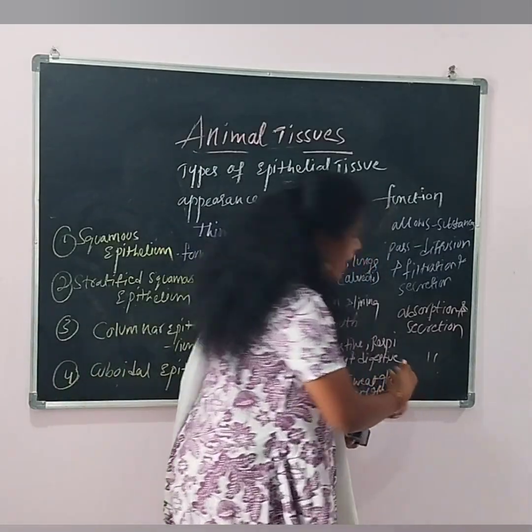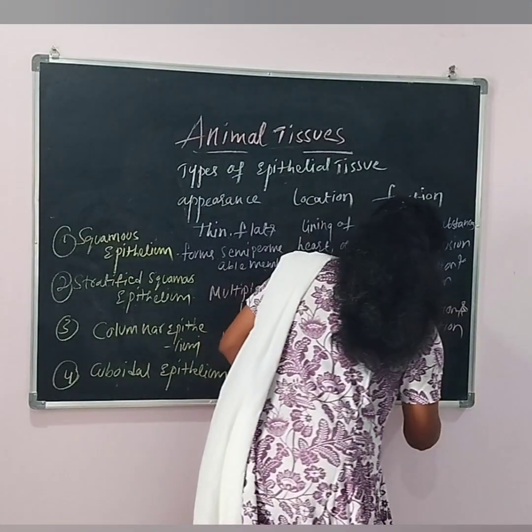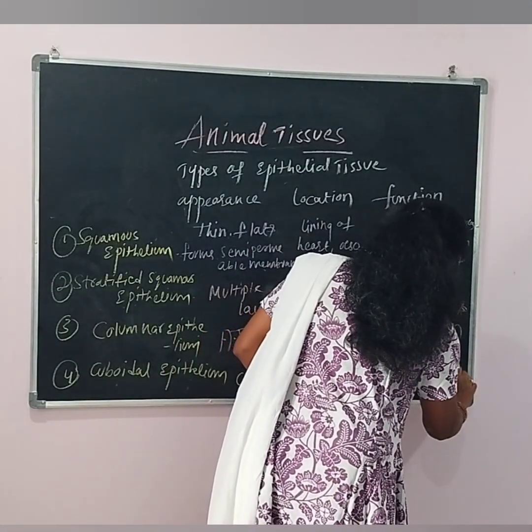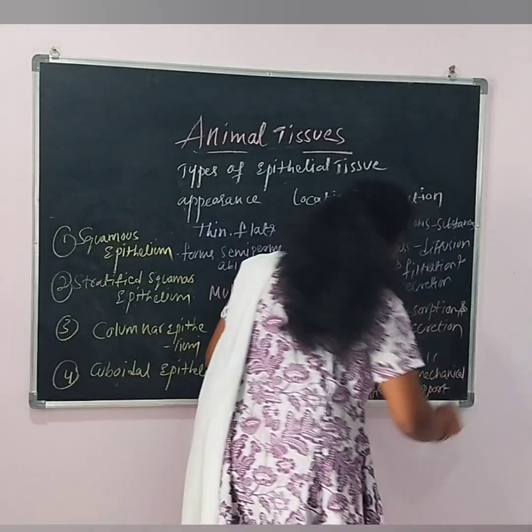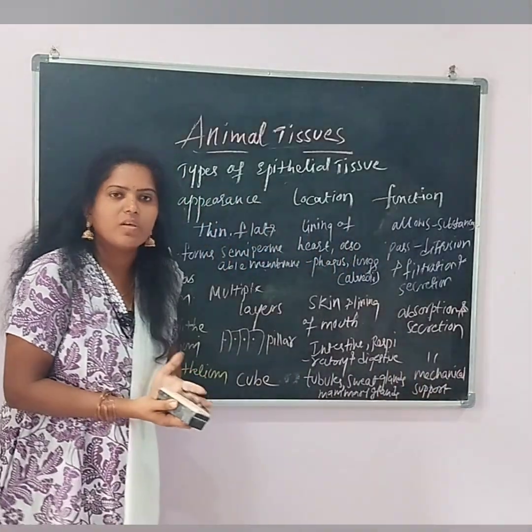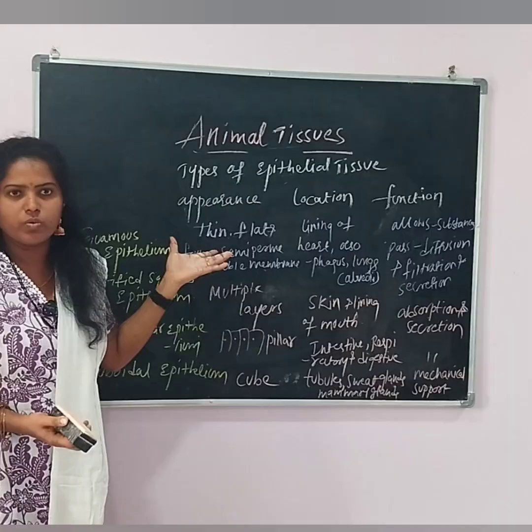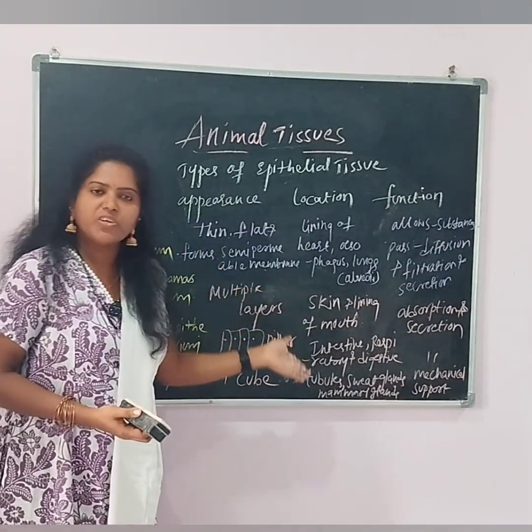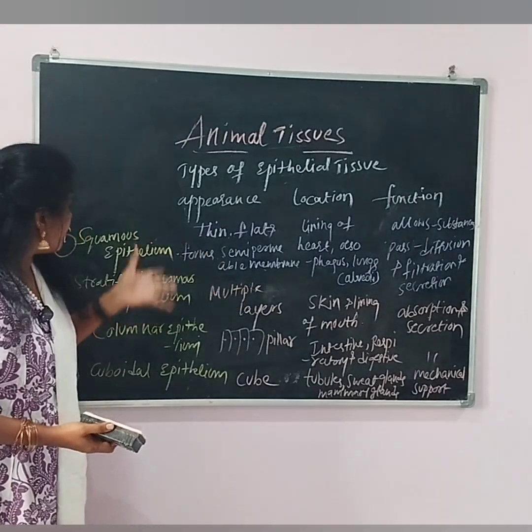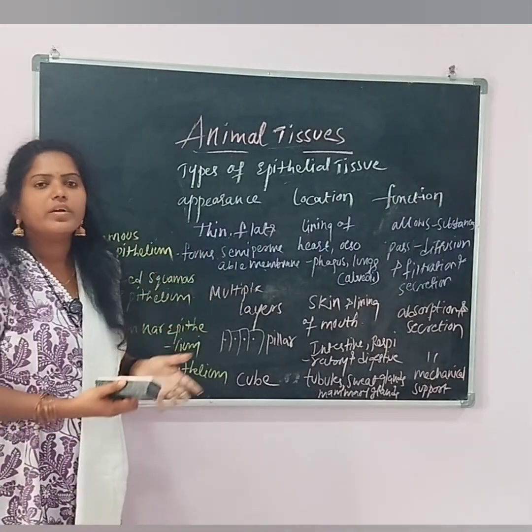And here it acts as a mechanical barrier, or gives mechanical support. And here also absorption and secretion take place. Wherever absorption and secretion take place, there we can find these types of tissues.